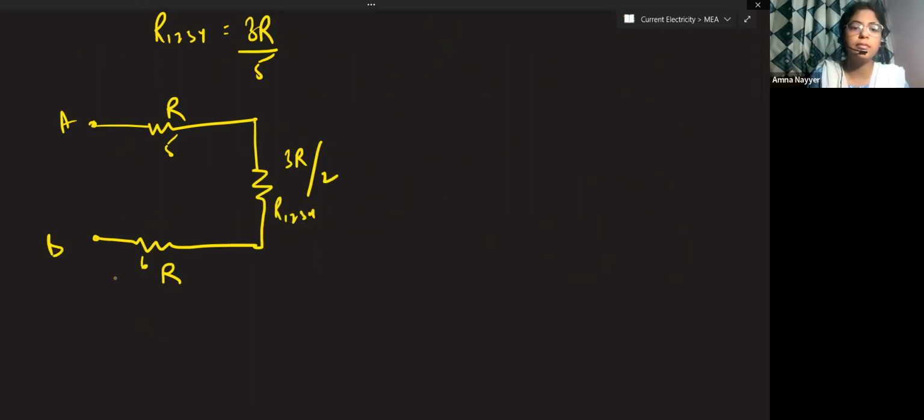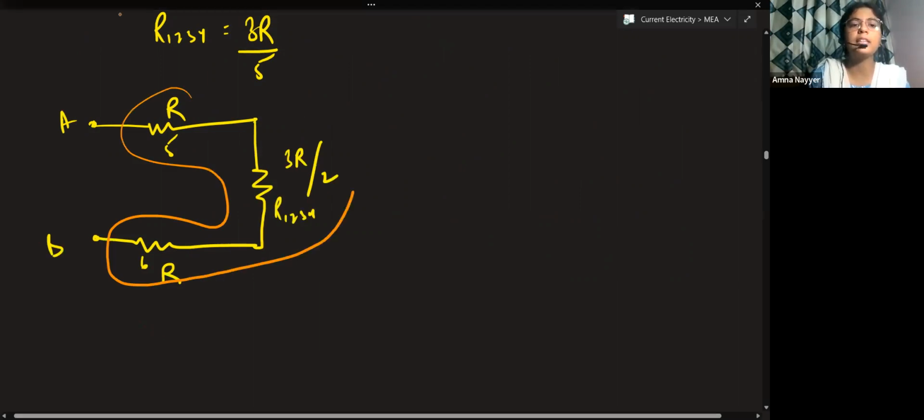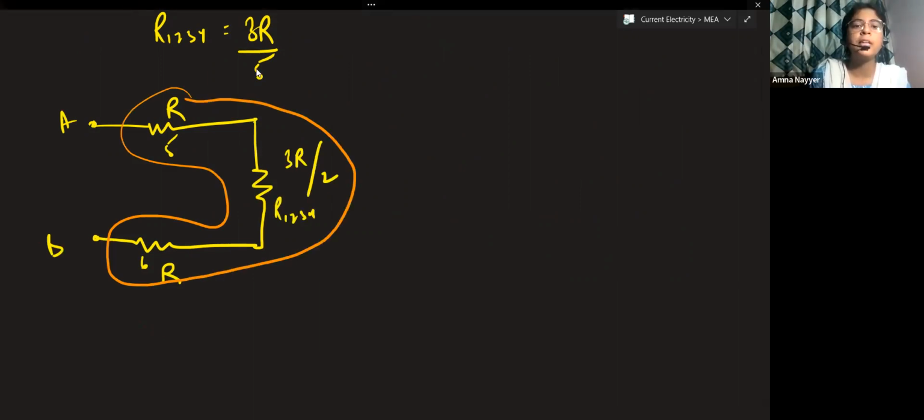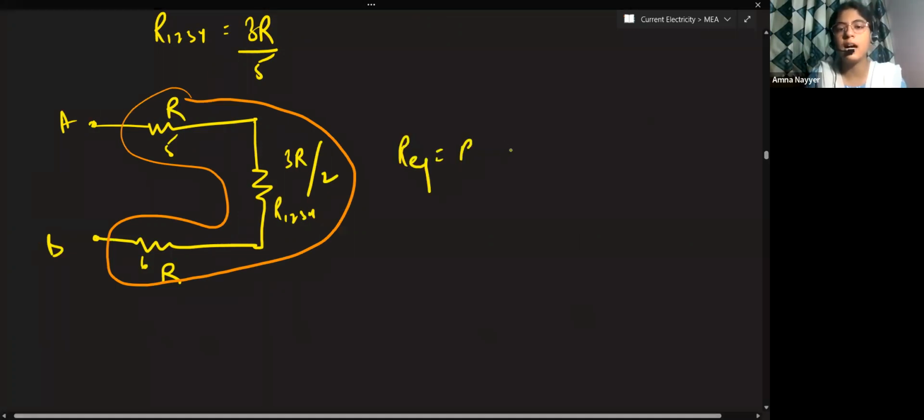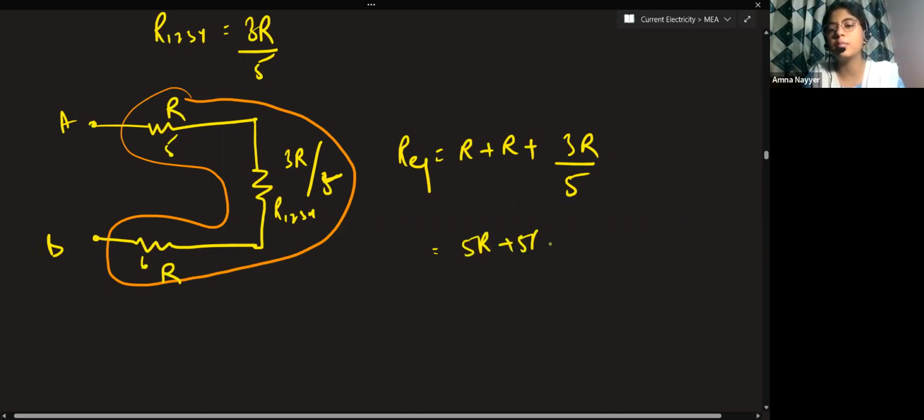These are just connected by a single wire, so they are connected in series. Simply add them. R equivalent will be what? R plus R plus 3R by 5, so this becomes 5R plus 5R plus 3R by 5. So R equivalent is basically 13R by 5.